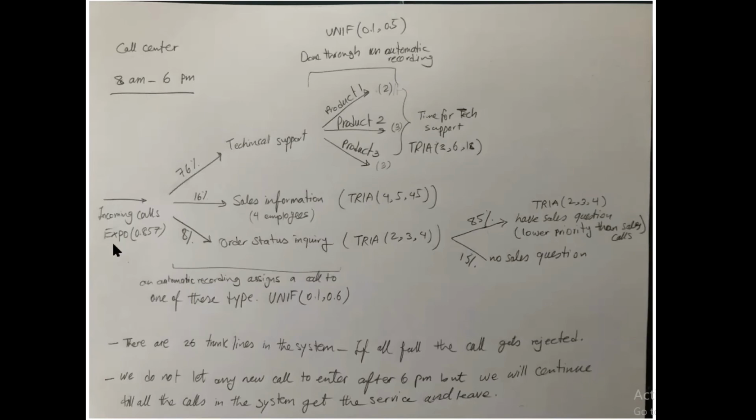And when the calls come, they are going to be answered by an automatic recording. And these automatic recordings ask a bunch of questions and then define the type of the calls that we have received. It's either a technical support call or a sales call or an order status call. 76% are technical support calls, 16% are sales calls, and 8% are order status calls.